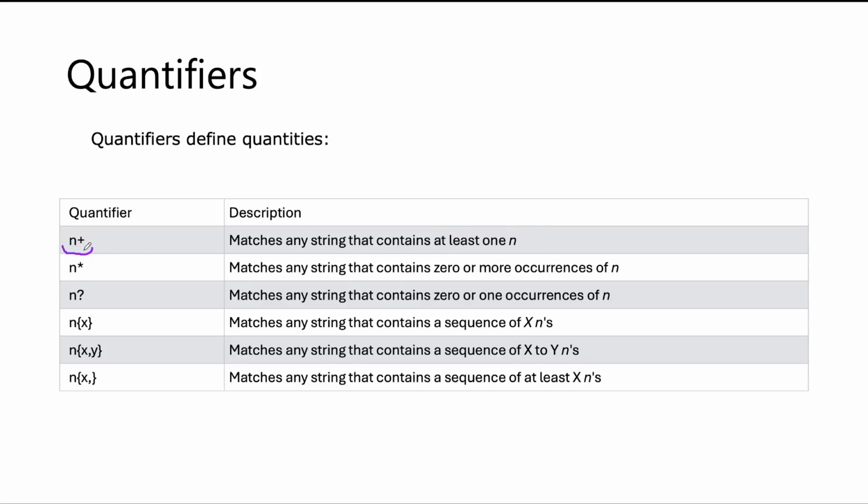It means the given text should contain at least one n. If I put the star, it means the given string may or may not contain n. It is fine for me. That is the meaning. Similarly, we have other ones. You can check them.